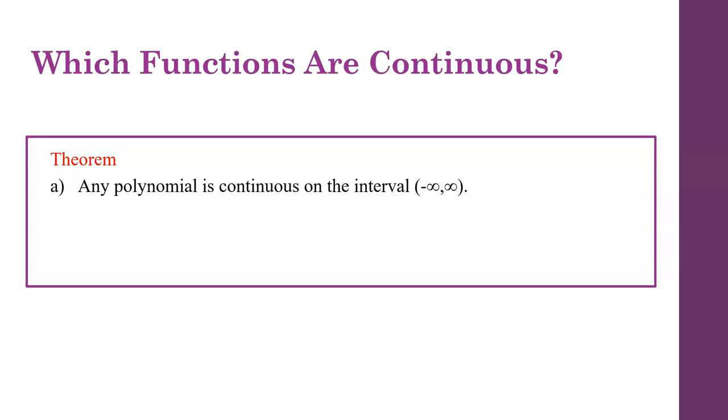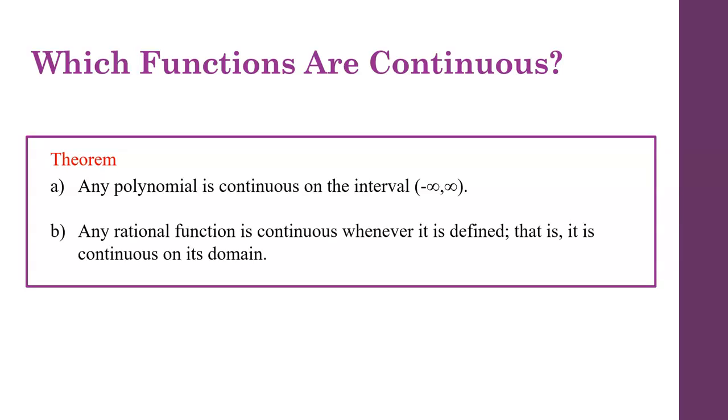Polynomials, if you recall, are like 5x cubed plus 7x minus 2, or 20x to the 8th plus 17x to the 4th, and so on, right? So you have coefficients multiplied by powers of x and added and subtracted to other powers of x with coefficients. So polynomials are going to be continuous on the entire interval.